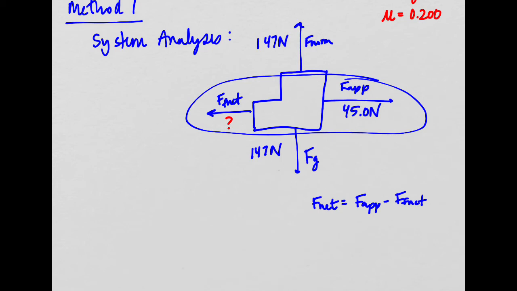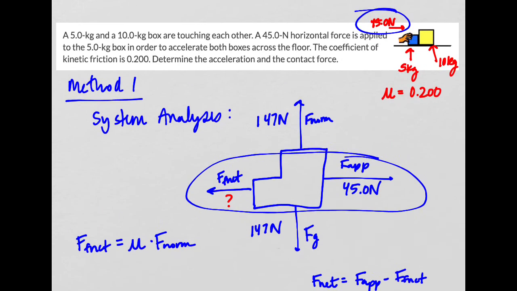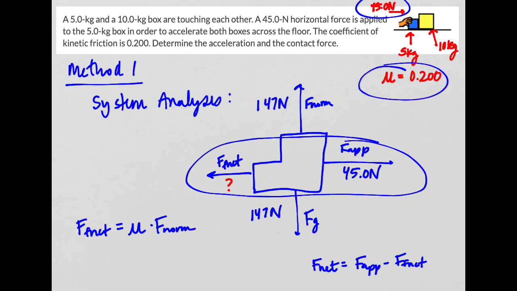Remember, the equation for solving for friction is equal to the coefficient of friction times the normal force. Conveniently, we don't have to do a lot because we were given the coefficient of friction, and we just solved for the normal force.